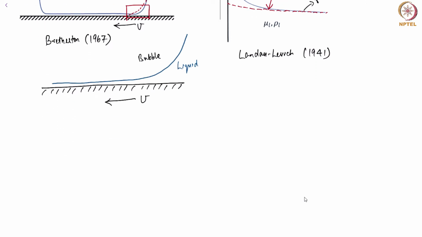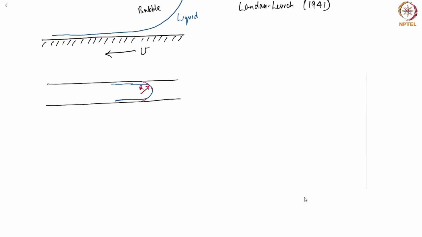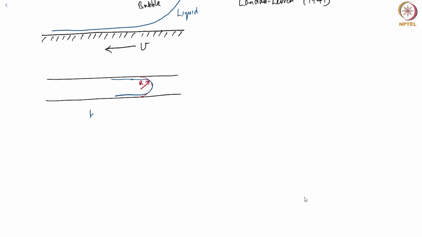So if you think of this as a thin tube, then the static meniscus would be a spherical cap, whereas the dynamic meniscus would deviate from the spherical cap and you get a thin film. Bretherton's analysis is slightly different from the Landau-Levich analysis on these two counts.